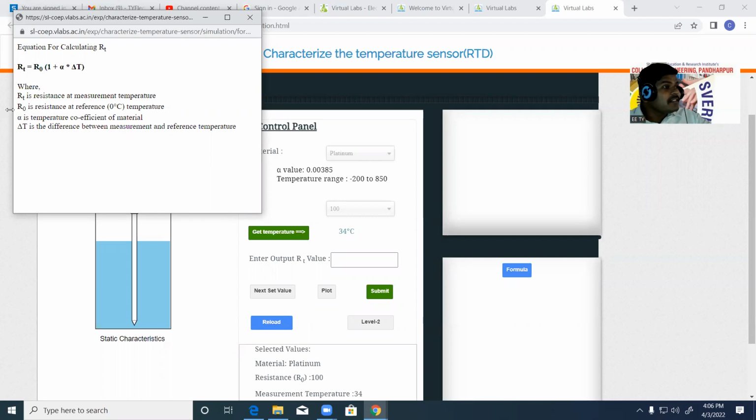Resistance at temperature T. We have already got the value of the temperature, no?